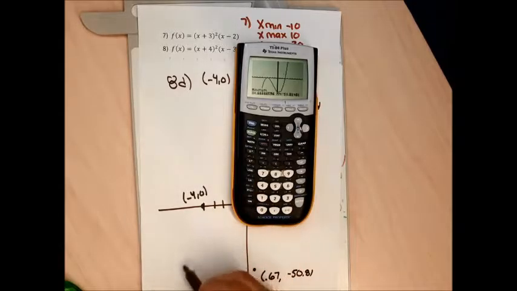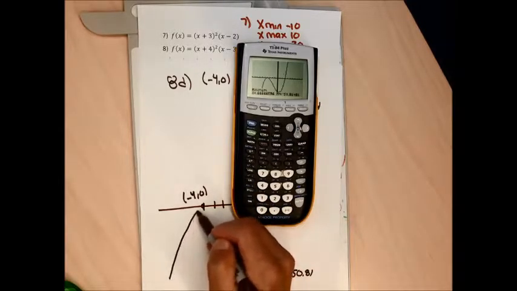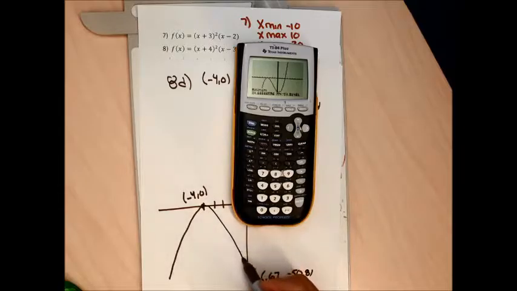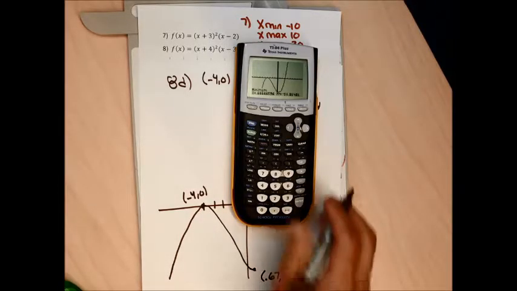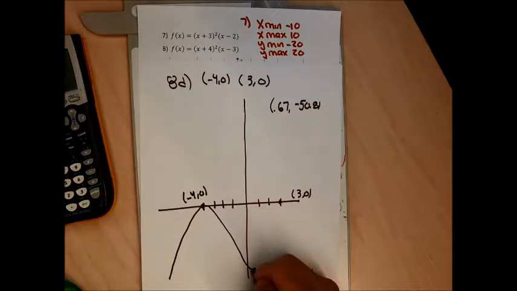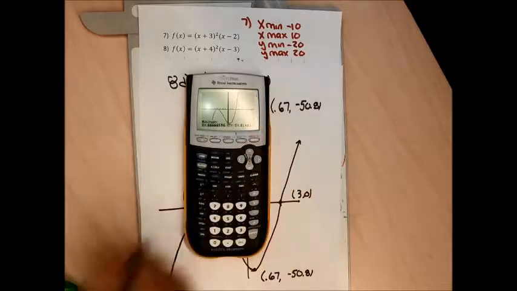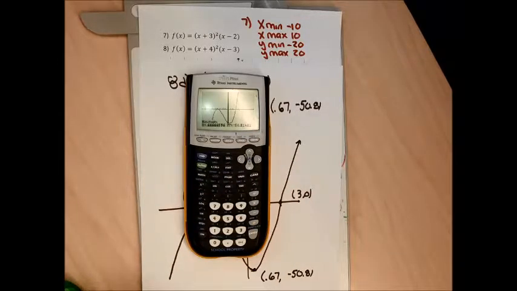And now I'm going to draw this. I'm going to go up, bounce off the turning point, that's the x-intercept, get to the next turning point, and then go through the x-intercept and keep going up. So this is, for me, pretty stellar graph. So that's the graphing part.